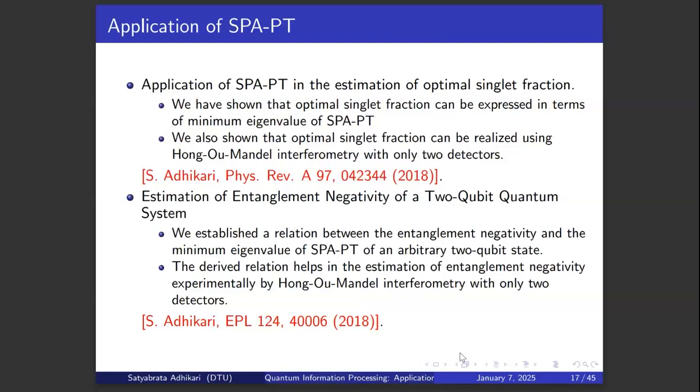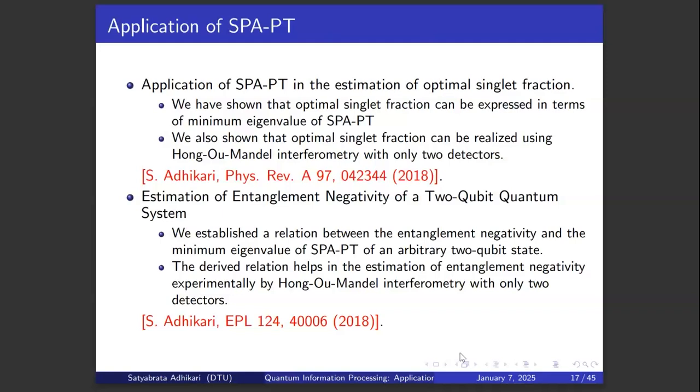We have shown this in this paper, published in 2018. Then we can also apply it in the estimation of entanglement negativity of a 2-qubit quantum system. Entanglement negativity is a measure of entanglement, so using this measure we can say how much the states are entangled.